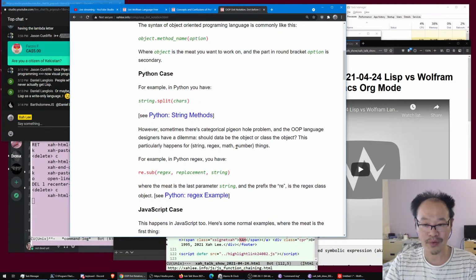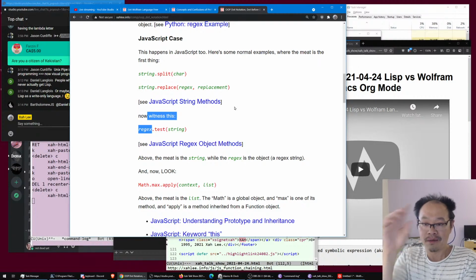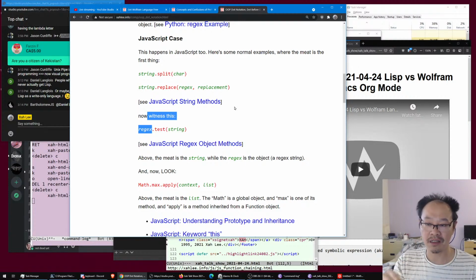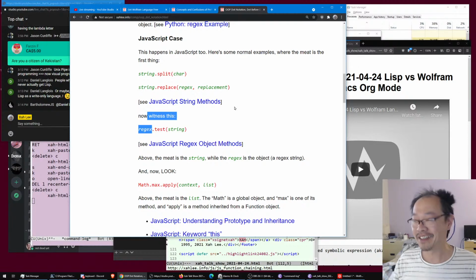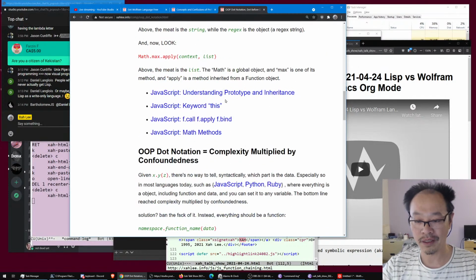This problem exists in Python, in JavaScript, and in Java as well. The most typical example is number. Should you have number.plus, number.times, number.divide, like that? Or should you have a Math class, Math.plus with two numbers, Math.times with two numbers, Math.divide with two numbers? So it's very inconsistent, and this problem is very common in OOP.